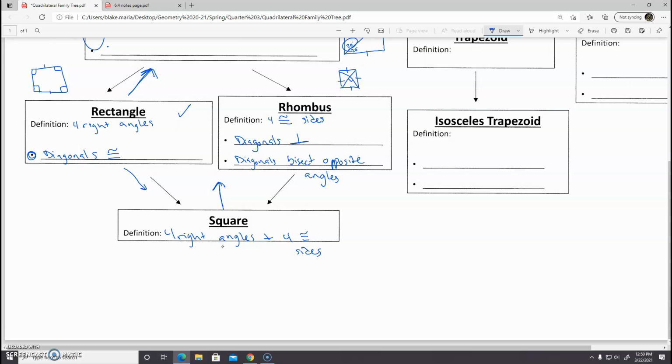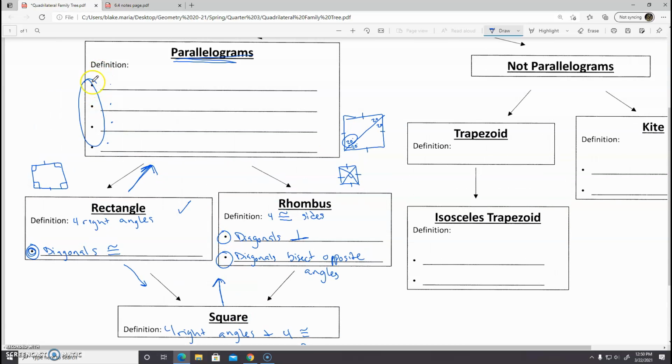In a square, diagonals are perpendicular. Diagonals bisect opposite angles. Diagonals are congruent. And then everything we learned about parallelograms is also true about a square. So a square actually does have a lot of properties. There's just no special ones that are only for squares.